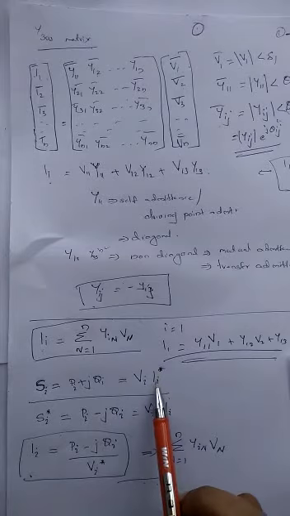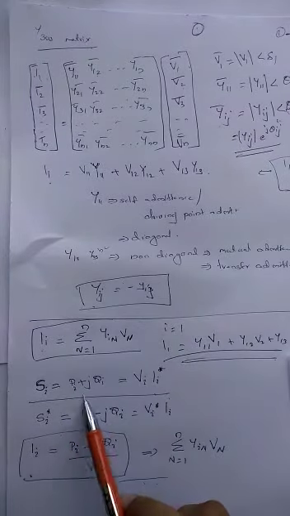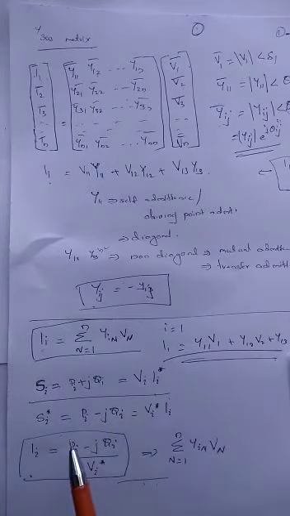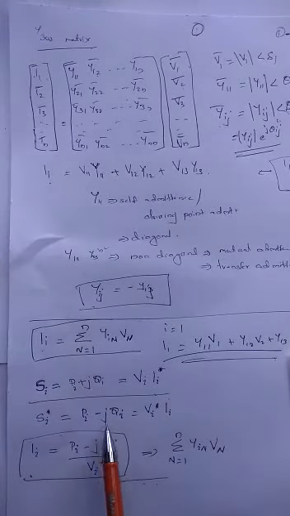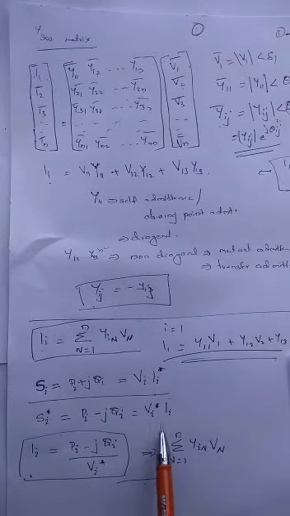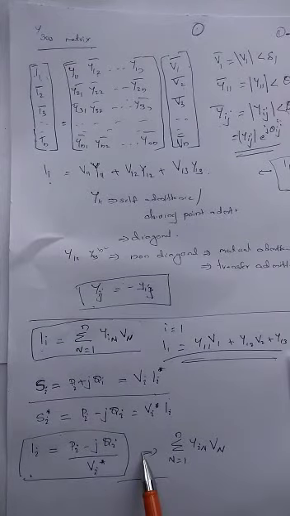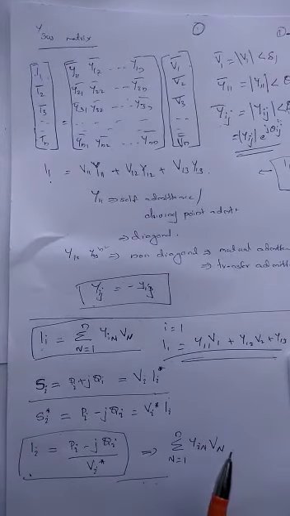To find Ii, I take the conjugate: Si conjugate is equal to Pi minus jQi, which is equal to Vi conjugate into Ii. So Ii is Pi minus jQi divided by Vi conjugate, and that should be equal to the sum from n equal to 1 to n of Yin Vn.